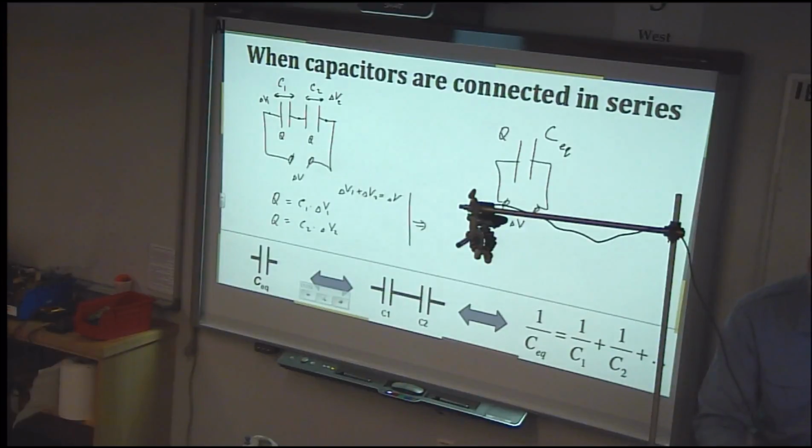On one hand, this charge should be equal to the equivalent capacitance times voltage, because this equation always relates three variables: charge, capacitance, voltage.